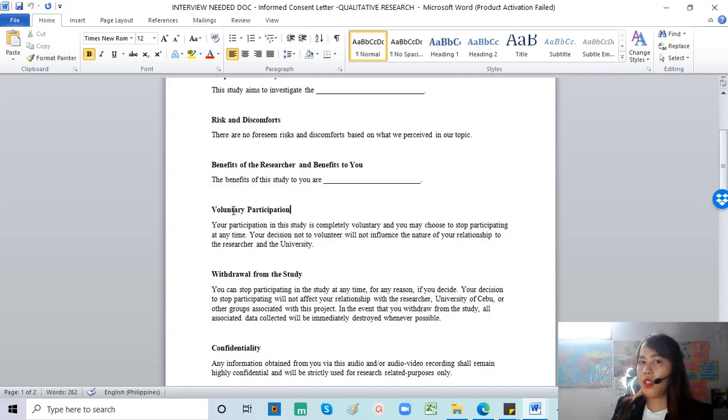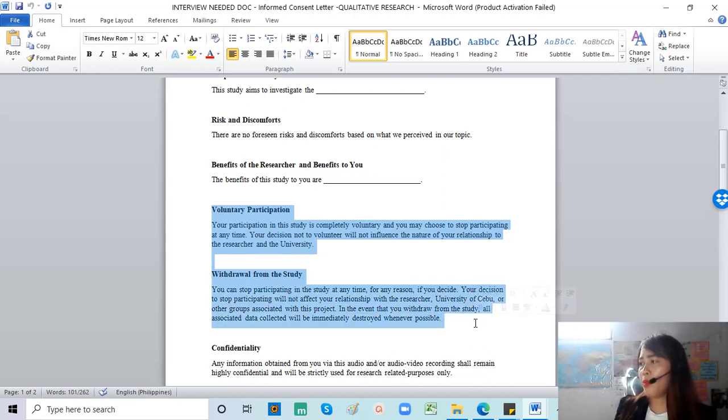And then voluntary ra gid ang participation, you can withdraw from the study anytime. And if you want to withdraw from the study, if dili na ka ganahan, pwede ra jud ka moingon, and we really respect that. That's one of your rights as our research informant.